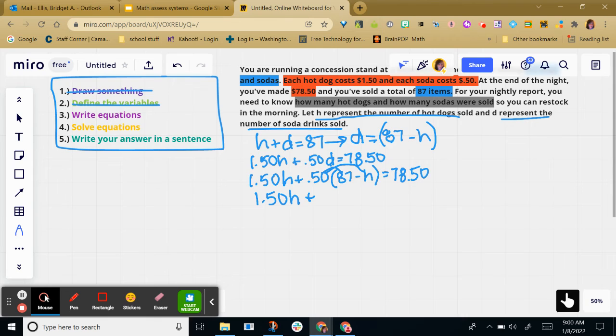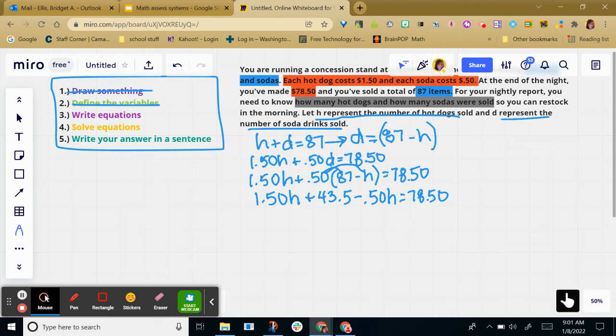Basically that's going to be half of 87, and that's going to give me 43.5. And then I'm going to distribute the second one. So I have minus 0.50 H equals 78.50.